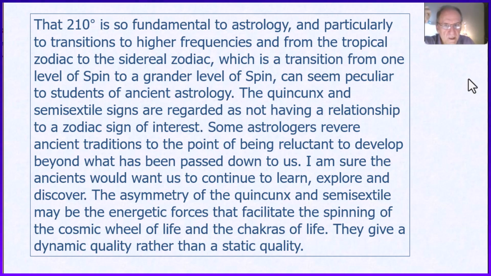They give a dynamic quality rather than a static quality. And they're involved in these transitions to higher levels or more refined levels, or you could say more granular or detailed levels of vibration and spin. So it all fits together very beautifully.